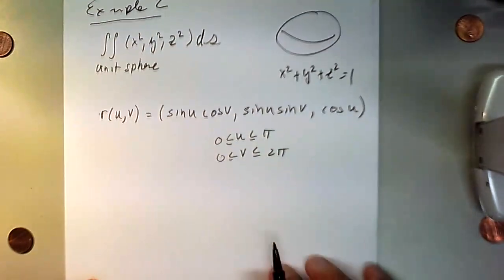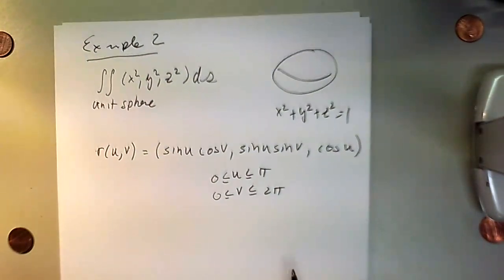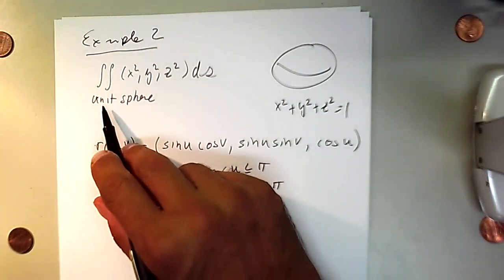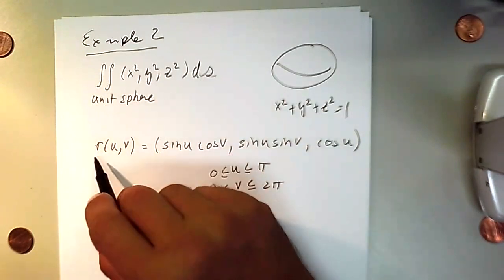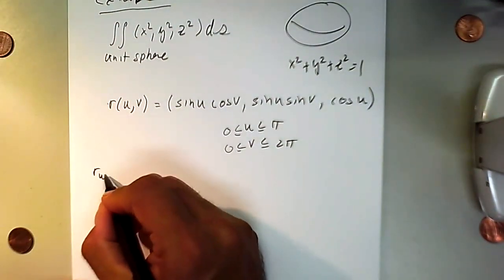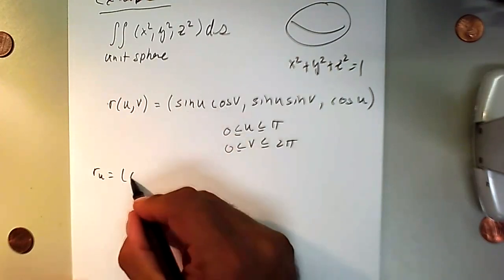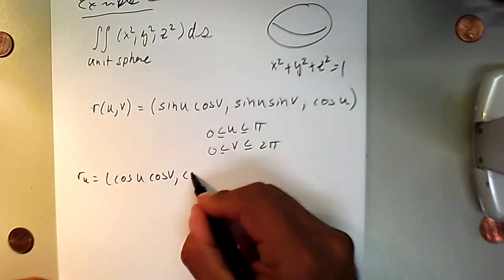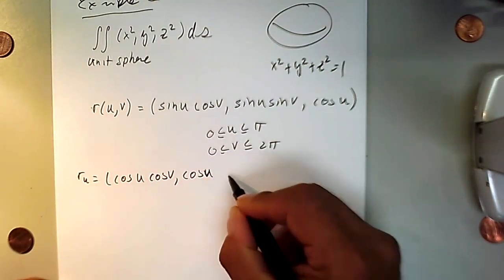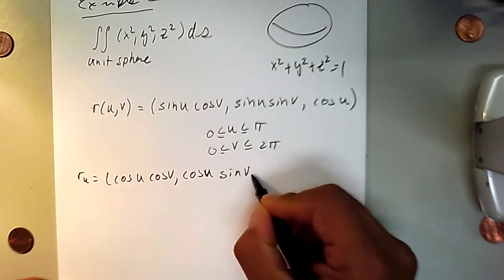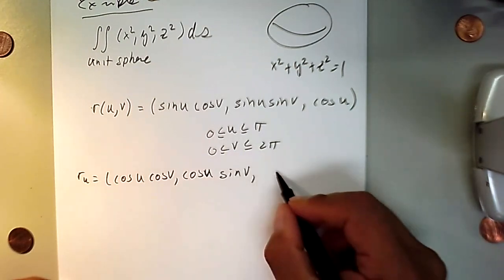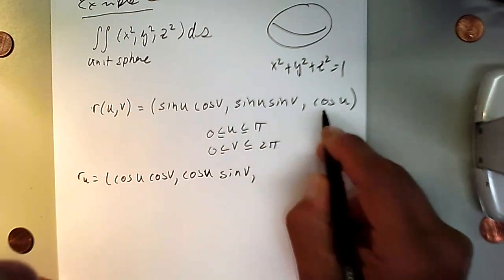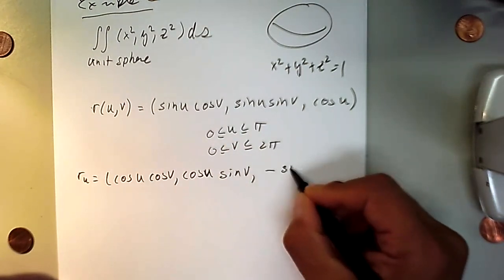And remember, we have to do a few things before we change this into an iterated integral. This surface integral changed into an iterated integral means that we have to do r sub u. This is going to be cosine u cosine v, cosine u sine v, and negative sine u.